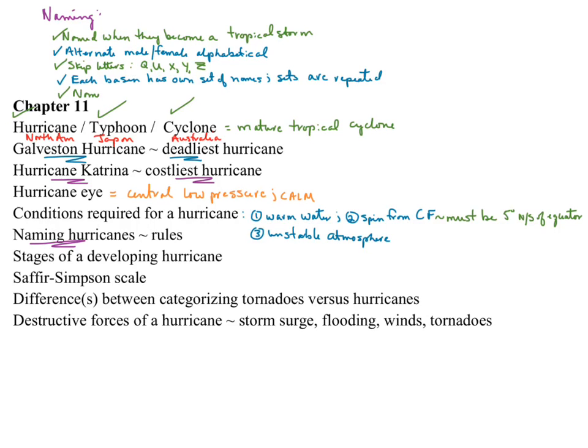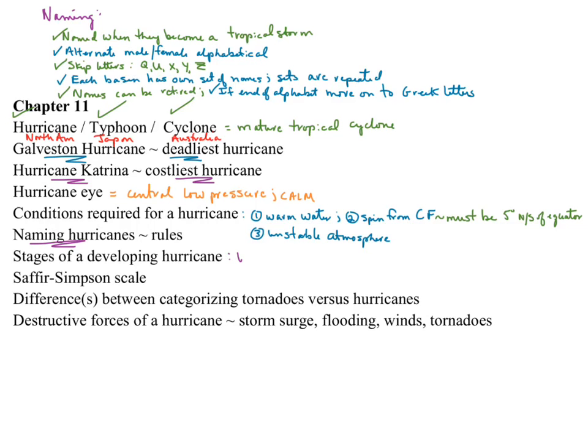And the lists will repeat themselves. Names, though, can be retired from those lists. And last but not least, if we run out of letters in the alphabet, in our basin anyway, we move on to Greek letters.